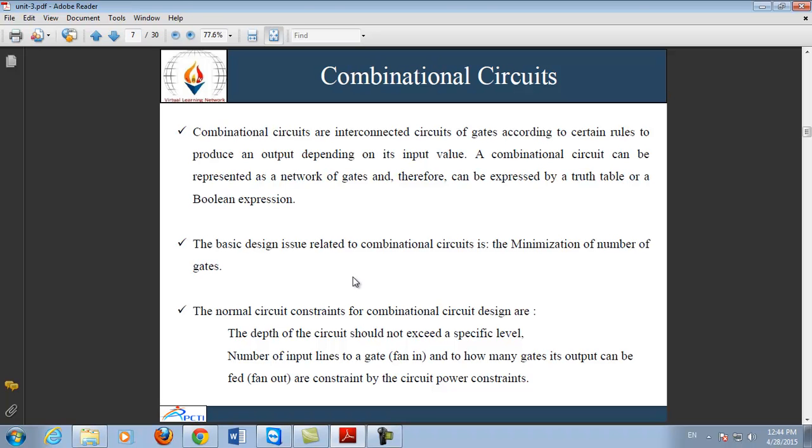But our main issue is to reduce the complexity, and to reduce the complexity, the task we have to do is the minimization of the number of gates. Means we have to minimize the number of gates as much as possible, to reduce the complexity of the combinational circuit. As I already told you, because it is the combination of many interconnected circuits of gates.